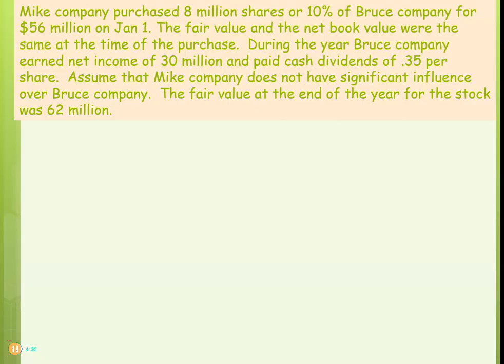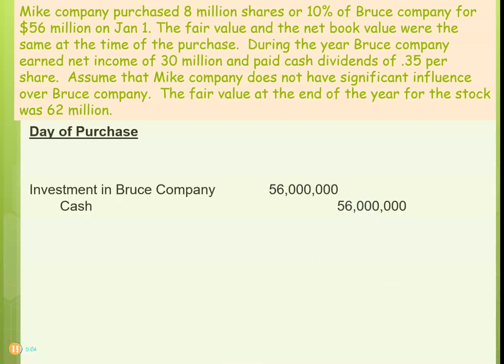Now, our first example. Mike Company purchased 8 million shares, or 10%, of Bruce Company for $56 million. The fair value equaled the net assets, so there was no goodwill. During the year, Bruce Company earned net income of $30 million and paid cash dividends of 35 cents per share. Assume that Mike's company does not have significant influence over Bruce. The fair value at the end of the year for the stock is $62 million.